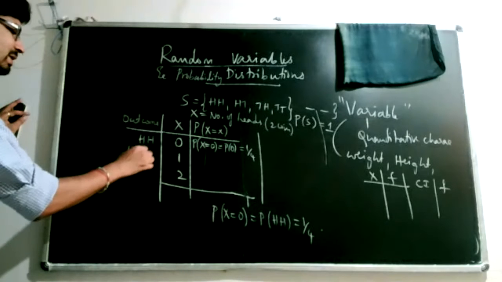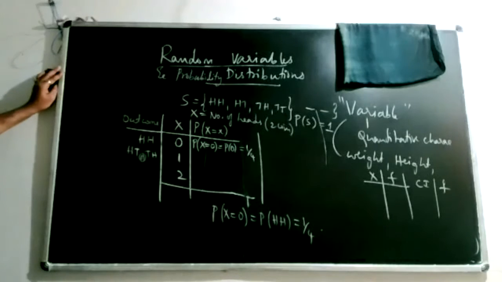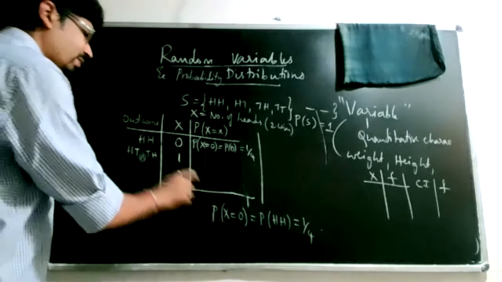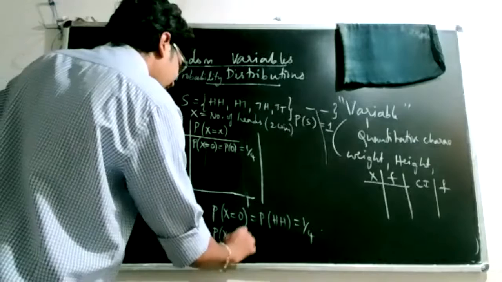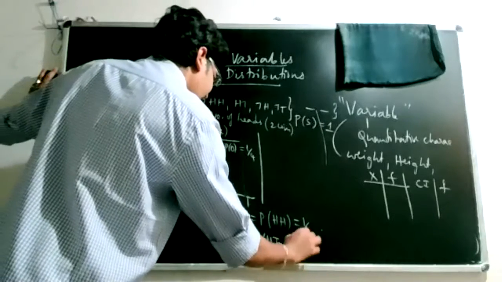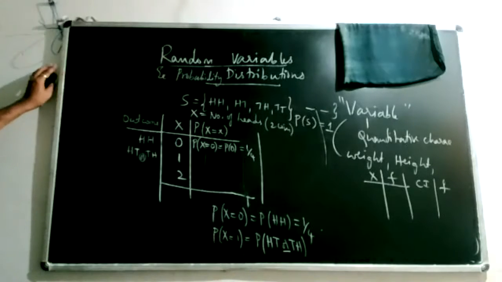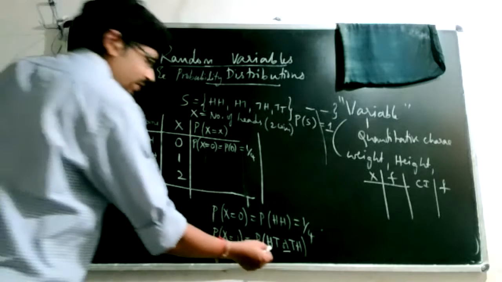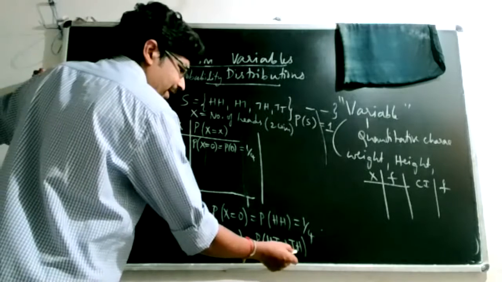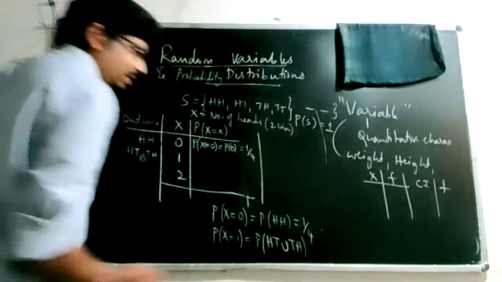Next, your 1 can happen in two ways. If your result is HT or TH, in that case, you can have x is equal to 1. So P of x is equal to 1 indicates the probability of observing one head in the form of HT or TH. Now, HT and TH are both disjoint, in the sense they cannot happen together when you conduct the experiment. Whenever you take a trial, either HT happens or TH happens. That's why we have written OR, and OR mathematically indicates union.